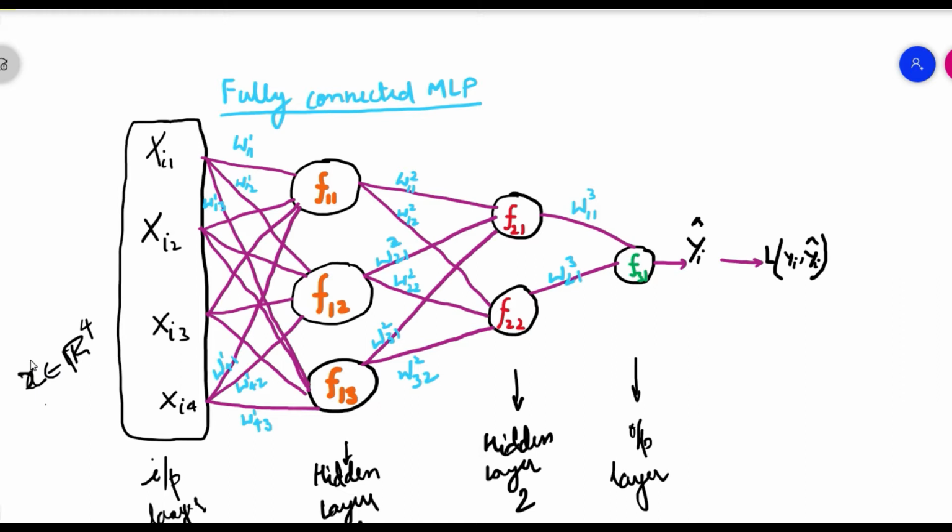The loss function is calculated using the actual value of the target given in the data set, and the target value predicted by the model. So we calculate our loss function based on these two values.